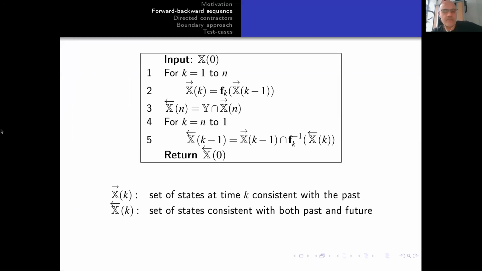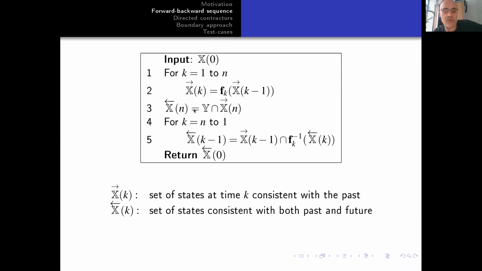So I have a sequence, and I perform a forward composition of the function. I start with the initial box x0 and compute the sequence, and k here corresponds to what we will call the time. In the initial problem there is no time, but k here is seen as a time. Once we have computed this sequence, we perform the intersection with the last set, which corresponds to y.